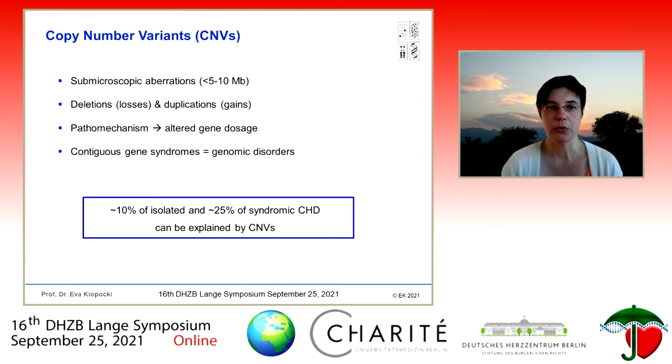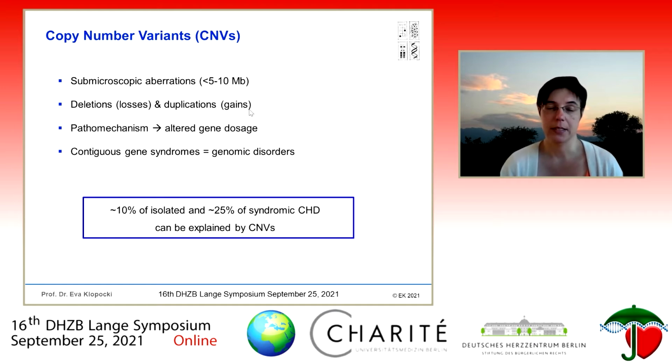Now coming to copy number variants, as I said, these are not detectable by conventional karyotyping because they are smaller than 5 to 10 megabases. So these are submicroscopic aberrations. They encompass deletions, losses, and duplications or gains.